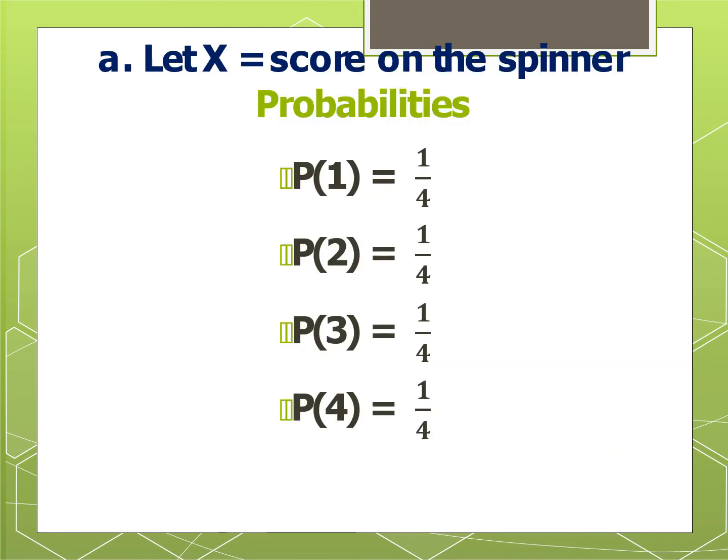Okay, let's have letter A. Let x be the score on the spinner. The probability that the arrow will stop at any of the 4 divisions is 1 out of 4, or 1/4, or in decimal, 0.25. Hence, the probability of landing on 1 is 1/4, and also the probability of landing on 2, 3, and 4. So they have the same probabilities.